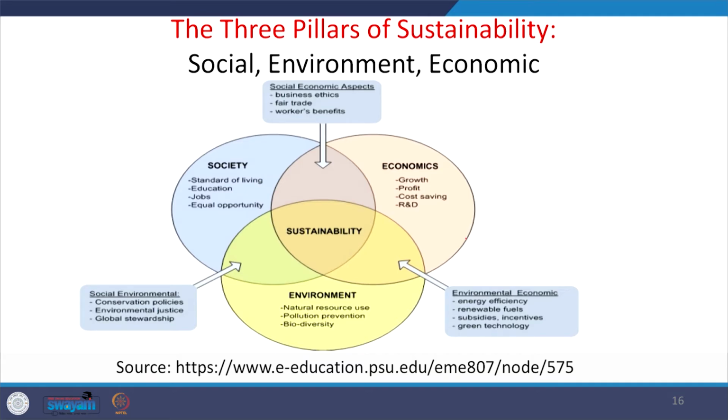Now, by taking these three schools of thought, by taking into account the three pillars of sustainability, we can have an integrated whole of the sustainability concept, taking into account the societal context, the environmental aspect and the economic aspects.